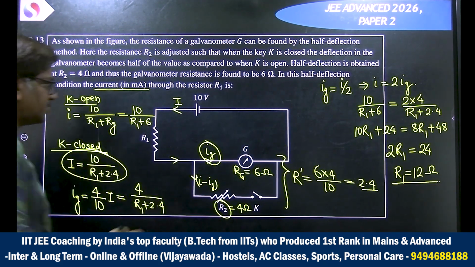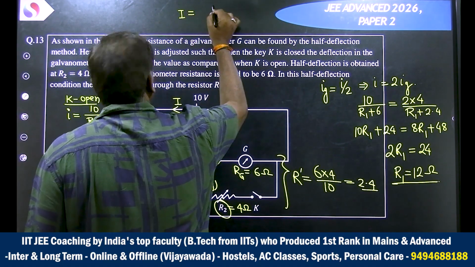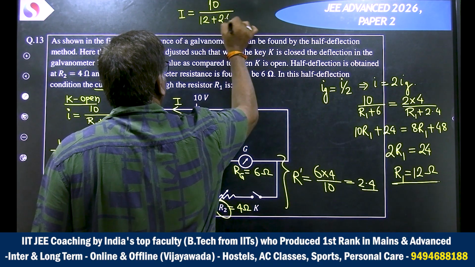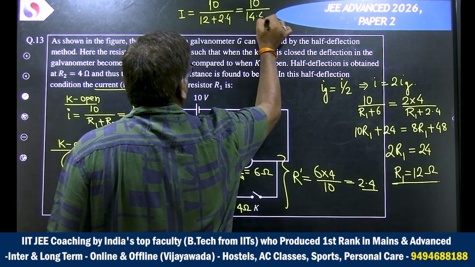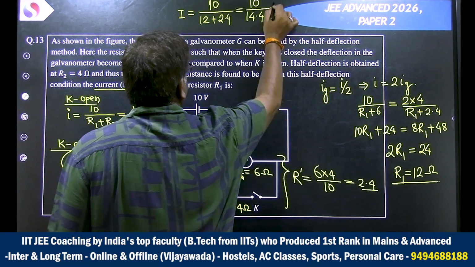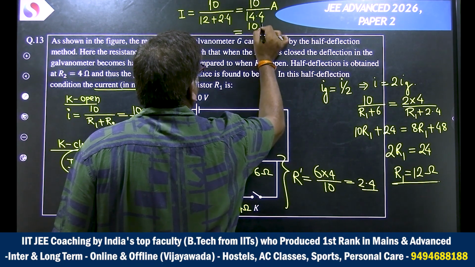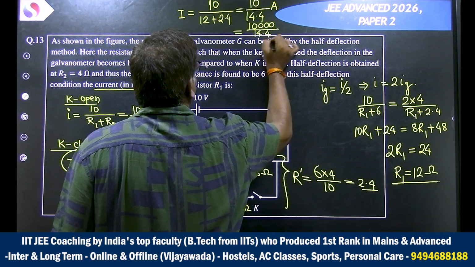So for this capital I, we can just substitute the value of R1, that is 10 divided by 12 plus 2.4, so 10 divided by 14.4. That will be your answer, but it is in ampere. So convert into milliampere, that is 10,000 divided by 14.4 milliampere.